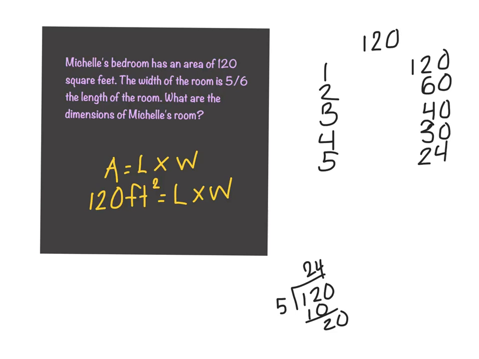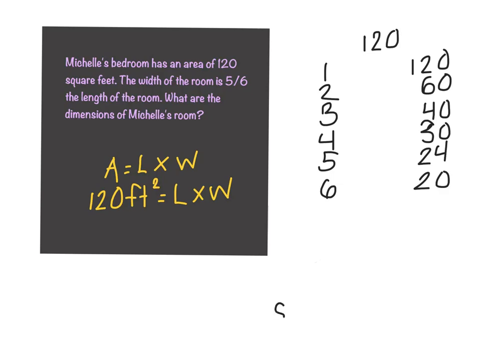I know that 6 goes into 120 because 2 and 3 both go into 120. So 6 into 120 is 20. 7 does not. 8 into 120.